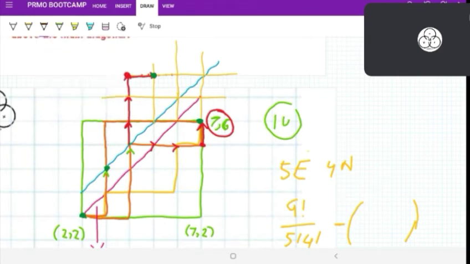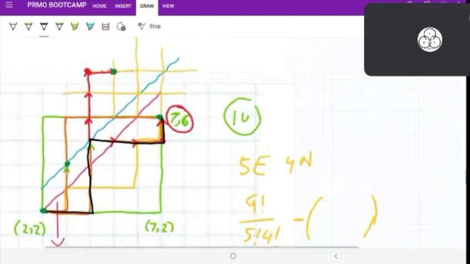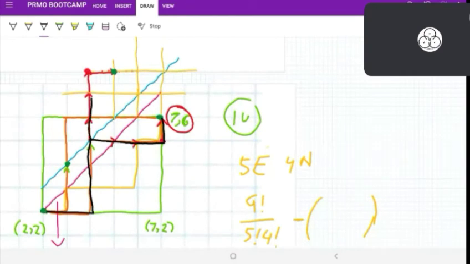This was our original path, right? Now, the reflection of this path from this point goes here. If we draw another path, let me remove the unnecessary drawings in order to make it a little bit more visible.